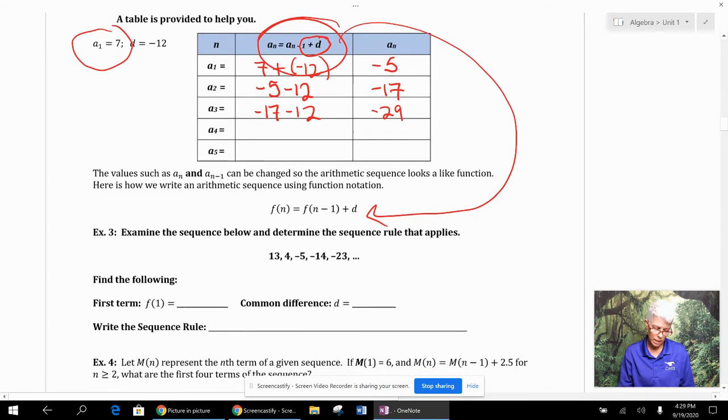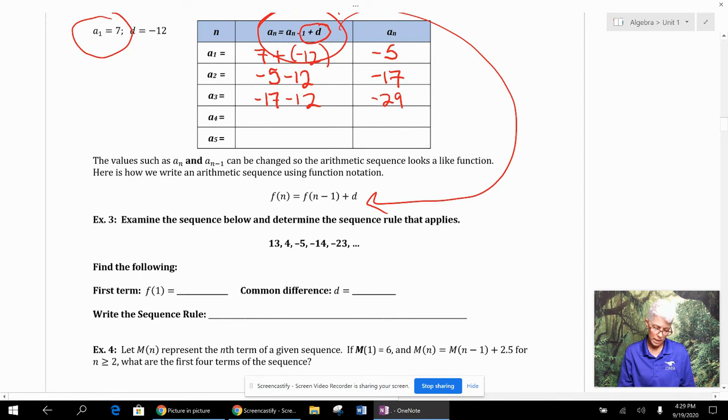So again, I can look at this set of numbers here, and I can tell that the first term in the sequence, number 1, is 13. And I can see that the common difference from 13 to 4 is a negative 9.